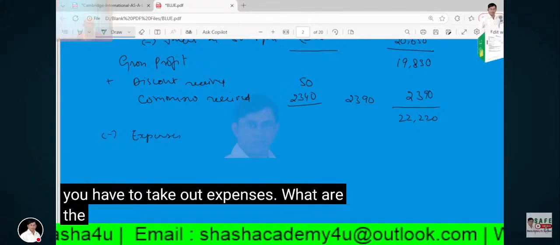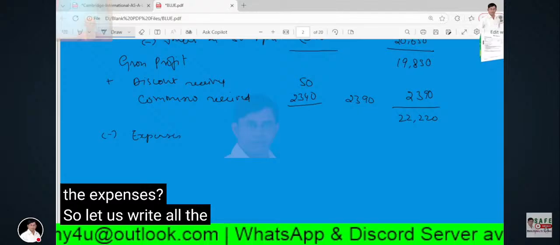Then expenses. What are the expenses? Let us write all the expenses one by one.